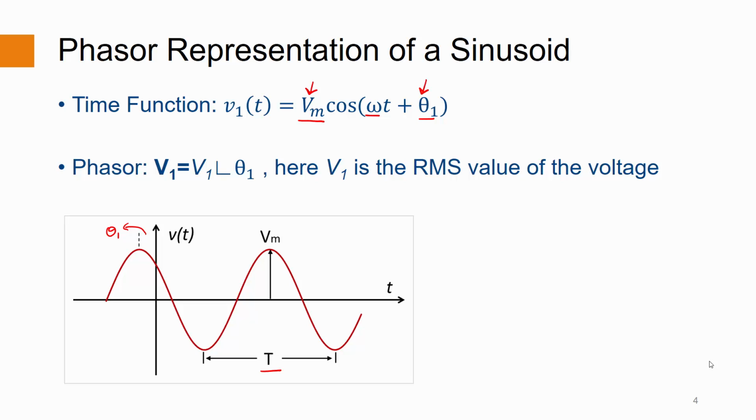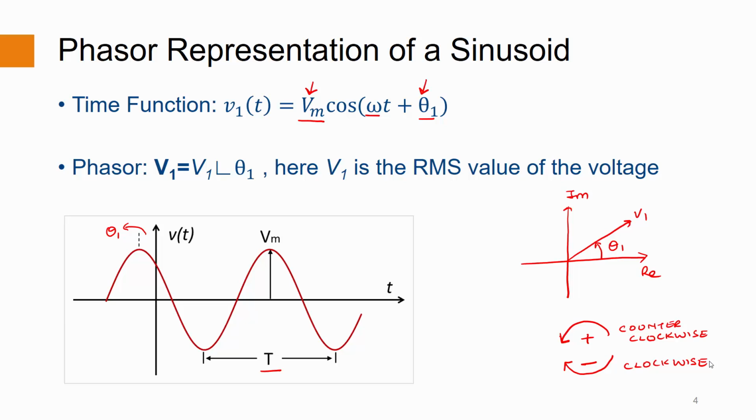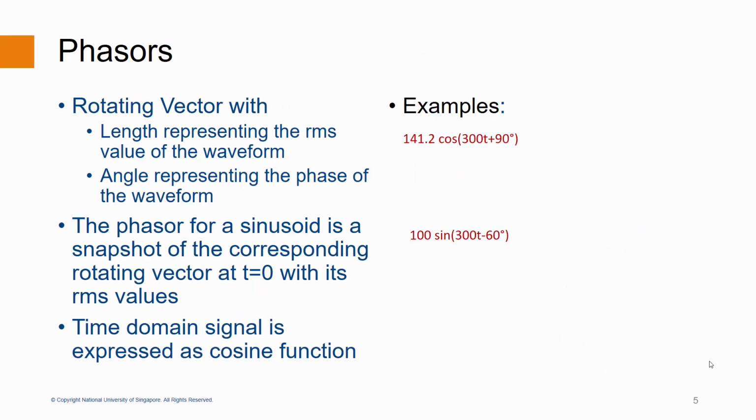The phasor is represented in the complex plane with the magnitude of V1 and the angle of theta. For the angle theta, the clockwise direction is considered negative and counterclockwise is considered positive. Some of the properties of phasors are that it is a rotating vector rotating at an angular frequency omega of the system, with the length representing the RMS value of the waveform and the angle representing the phase of the waveform.